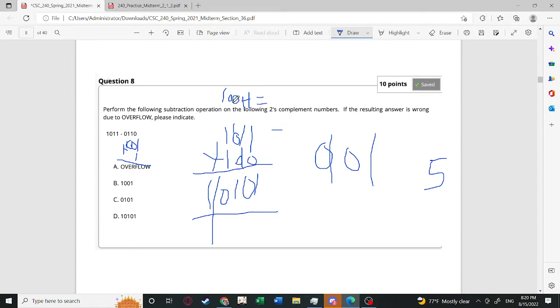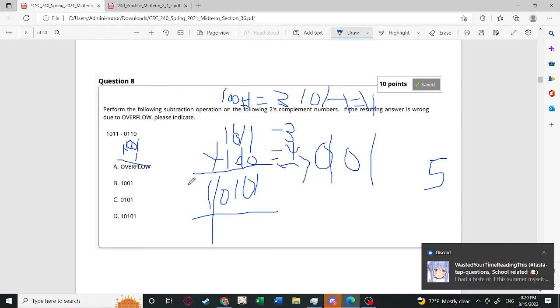Sorry, plus 1, I should say. Yeah, minus 1 is 3. So next 3. 1010. So we have negative 1, 0, 1 minus 1 equals 4. That is negative 7. So that is wrong. So this is why the answer is overflow.